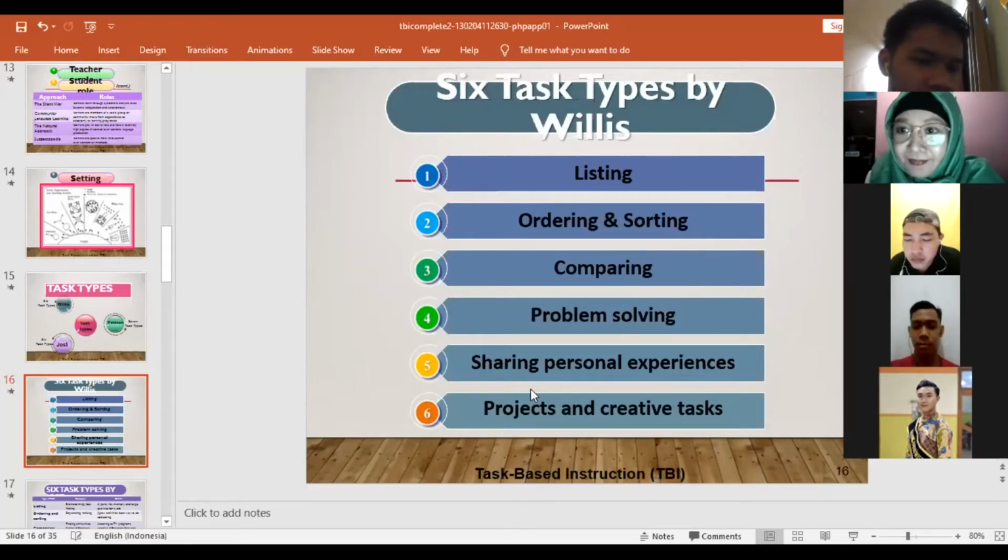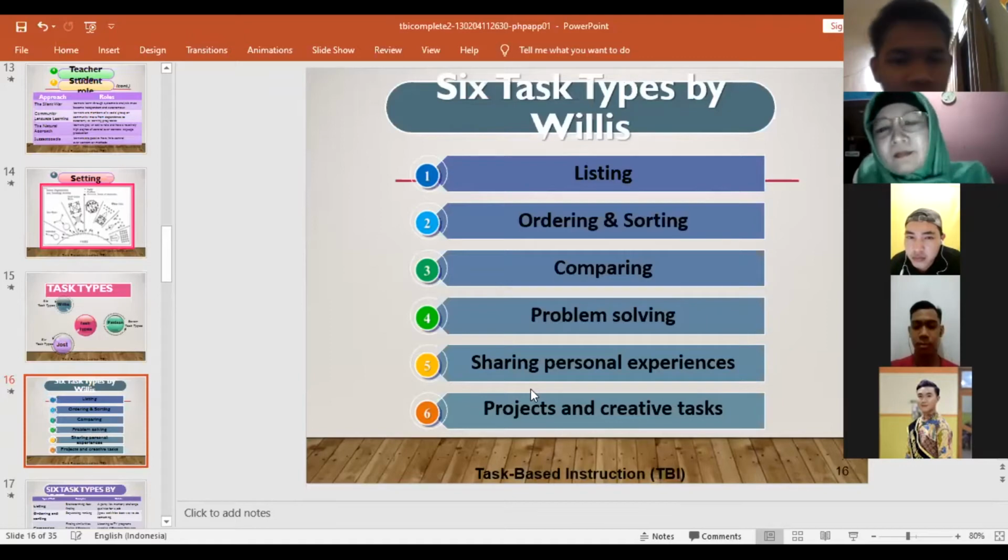Ma'am, if I am a teacher, can I arrange the tasks by myself? For example, listing in number 3 and comparing in the first stage. So comparing, ordering, sorting, and listing, problem solving, and so on. Can I do that? Okay, I know what you mean.